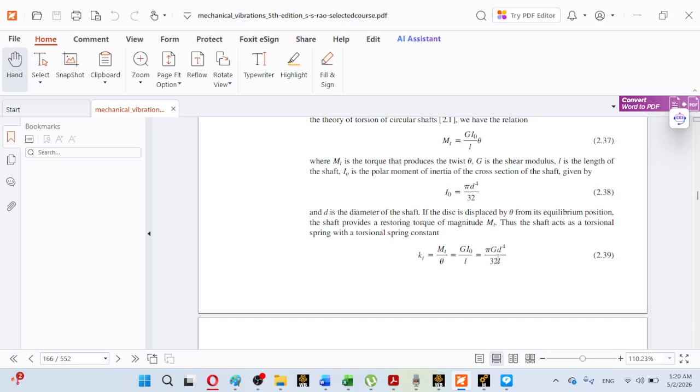So the value for kT that you can verify is 755,189.785 Newton meter per radian. When you multiply it by pi by 180 degrees, you obtain the torsional stiffness as 13180.548.